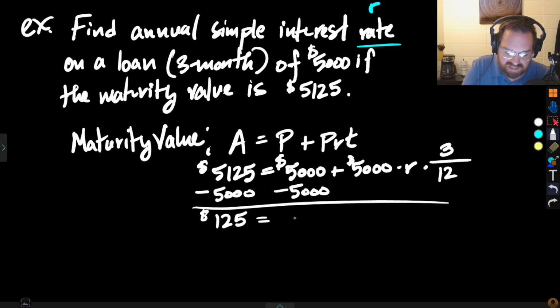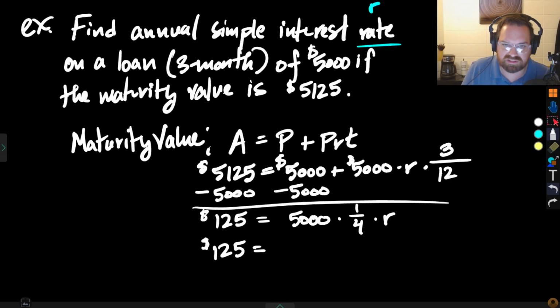Now I've got 5,000, and I'll rearrange this so the numbers are next to each other. I'll reduce this to a quarter because 3 divided by 12 is 1/4. And then I've got my R. Let's do 5,000 times a quarter first.